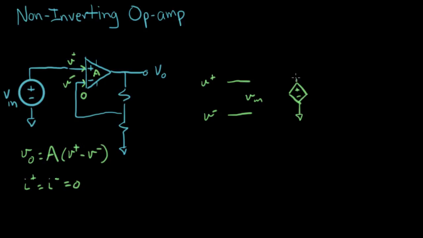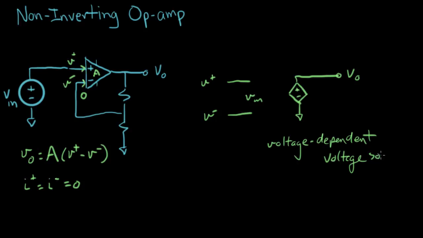But it's a special kind of voltage source. It's called a voltage dependent voltage source. And it's the same as a regular ideal voltage source, except for one thing.